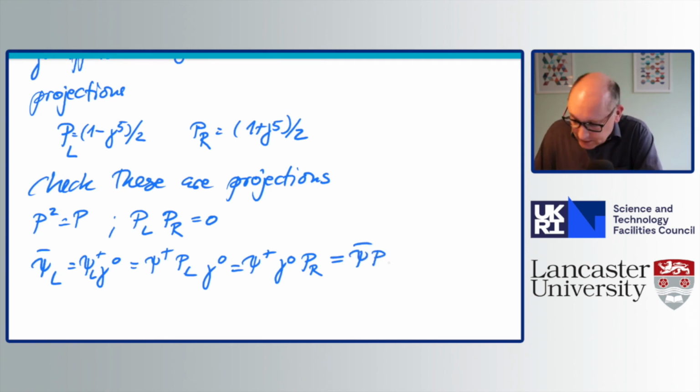So a left-handed antiparticle appears with a PR operator next to it, and a right-handed antiparticle appears with a PL. But that's because the operator doesn't act on the PL to the left, but sits on the right side of it. And the gamma naught changes the sign on the gamma 5 term.